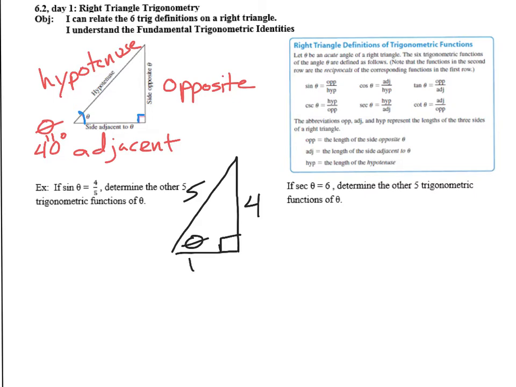Now I've got this other side here. I'm trying to figure out what it is. Relative to theta, it's the adjacent side. We'll call it x.